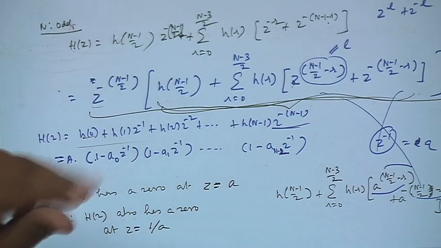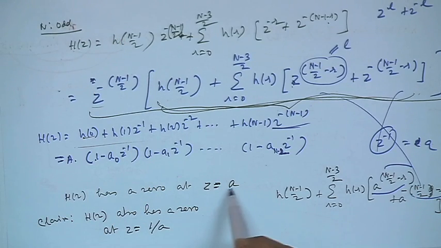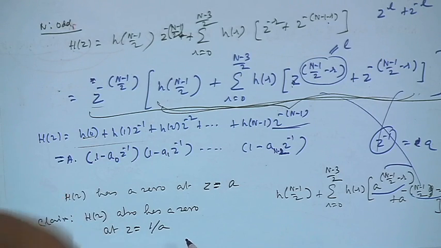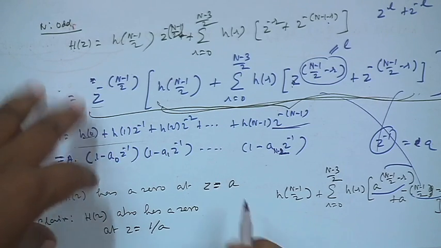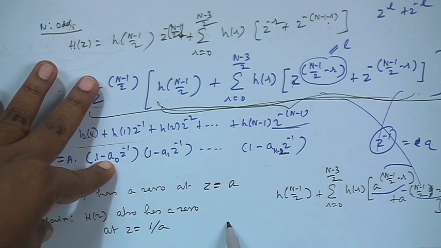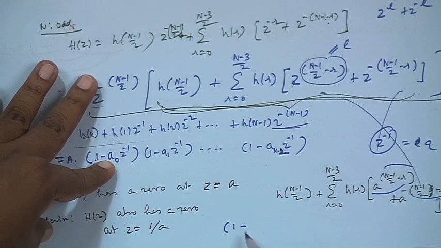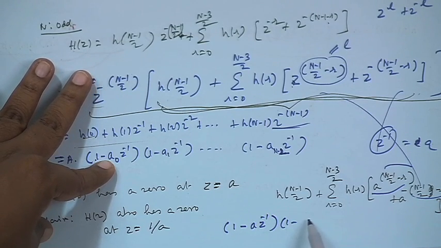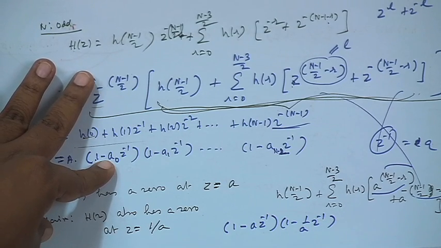Okay. So, this proves the claim that if it has a 0 at z equal to a, then it has a 0 at z equal to 1 by a. So, they are a reciprocal pair; zeros of a linear phase system are a reciprocal pair. Alternatively, I have got two factors, one having a 0 at a, that is 1 minus a z inverse, another at 1 by a, that is 1 minus (1 by a) z inverse.